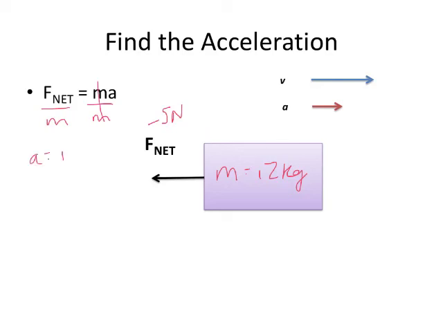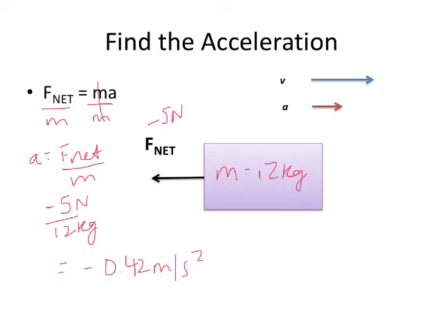So a is equal to F net divided by mass, which is negative 5 divided by 12, which is going to give us negative 0.42 meters per second squared. That negative sign lets you know that you're decelerating. If you're doing this right, the signs show up the way they're supposed to.